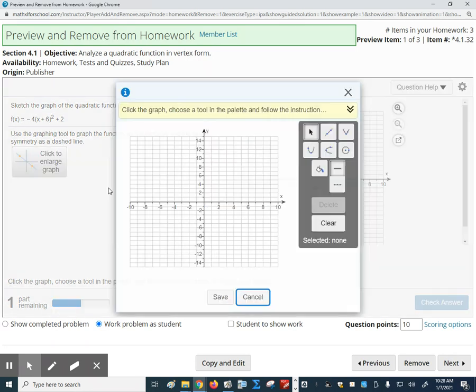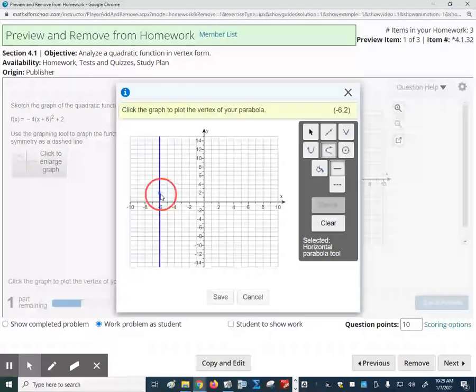So Carrie, how am I going to graph this guy? Where's my vertex go? -6 and 2. Good. There's my vertex. And now what am I going to do here with my dilation factor? I'm dilating my normal parent heights by -4. So give me instructions to get my next point on the parabola.